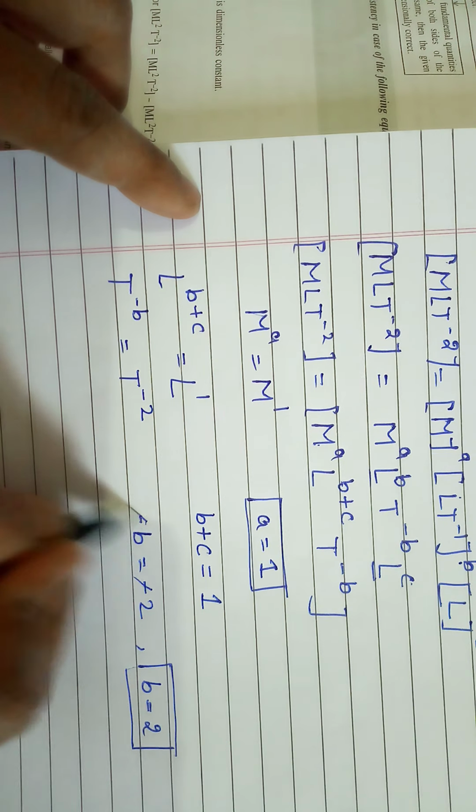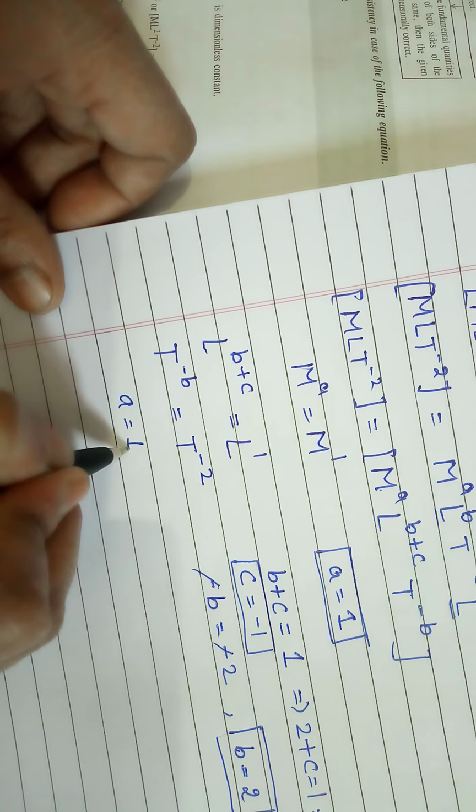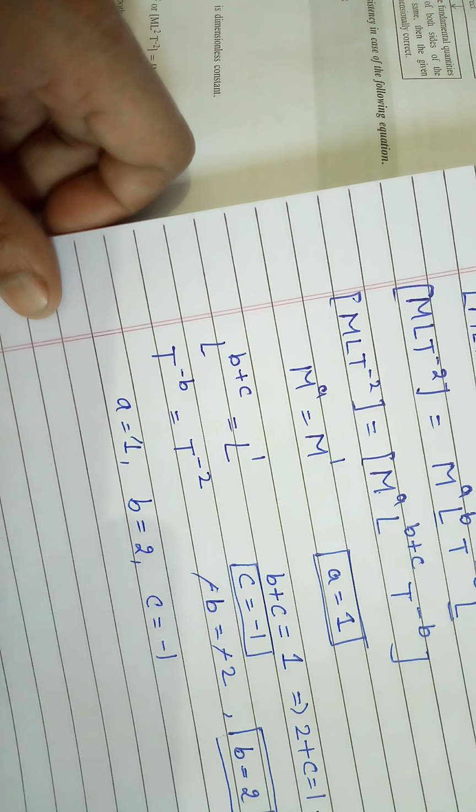Clear? Minus cancels with minus. So if b is equal to 2, then 2 plus c is equal to 1. So c is equal to 1 minus 2, so the value of c is equal to minus 1. So we have three values: a is equal to 1, b is equal to 2, and c is equal to minus 1.